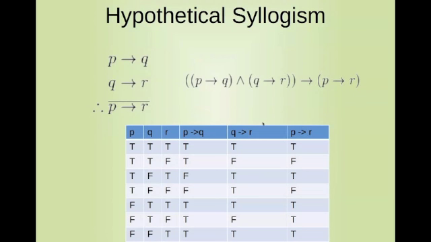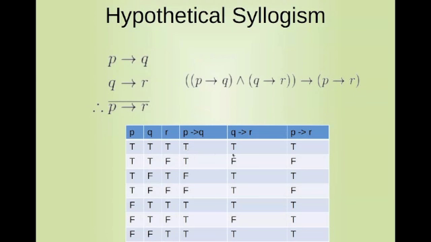Moving on. Hypothetical syllogism. This one's a little complicated. Let's read through it. It says P implies Q is true, Q implies R is true, therefore P implies R is true. Now, the only way to do this by looking at the truth table is to look at the rows where P implies Q is true and Q implies R is true, and evaluate that P implies R is also true, which once you lay the whole table out is pretty simple to do.